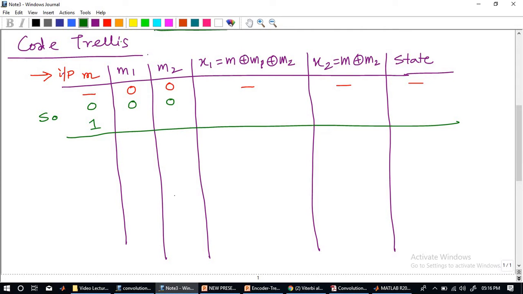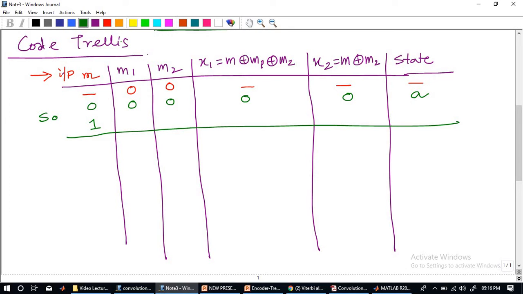Forget about the 1 for the time being. So you have input as 0, m1 and m2 as 0. So what will be my x1? 0, because m plus m1 plus m2 will be 0. x2 will be m plus m2, which is again 0. Please check from the previous day's example, 0, 0 corresponds to which state? A. So please note down here as state A.